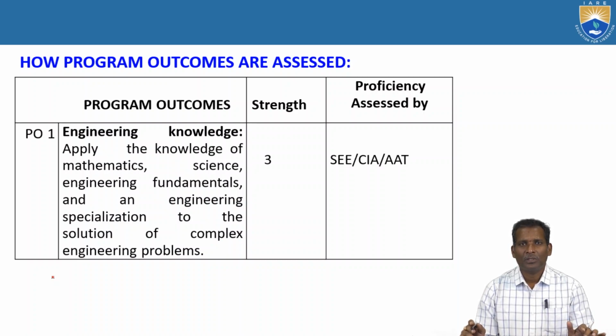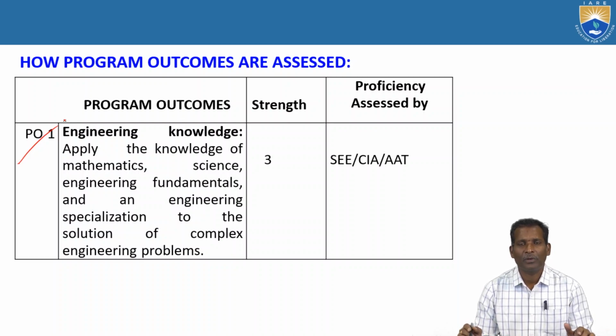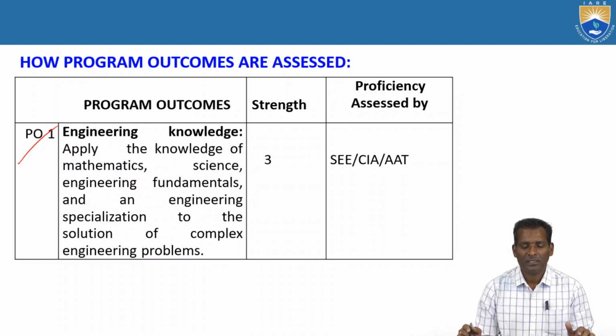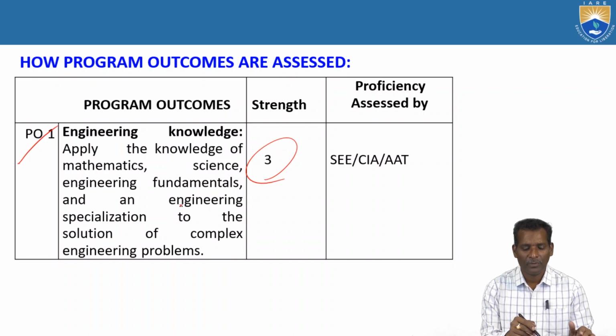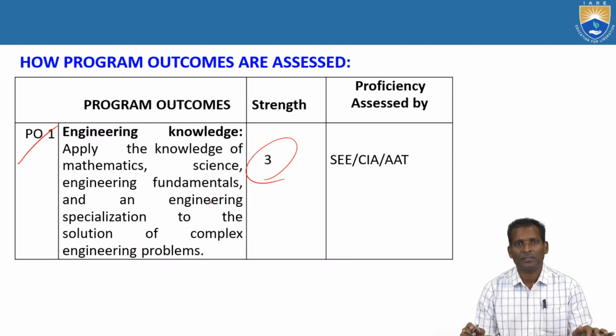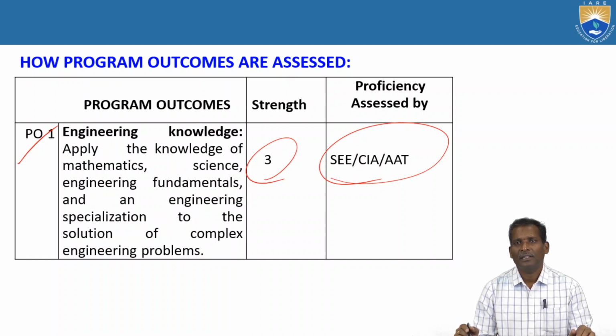Suppose you have taken, related to this subject, PO1, engineering knowledge, with the strength given as 3, very high. Why? Because knowledge of mathematics and science is very important for this design subject. So, how do you assess? By using the CIE, CAA and SEE exams.